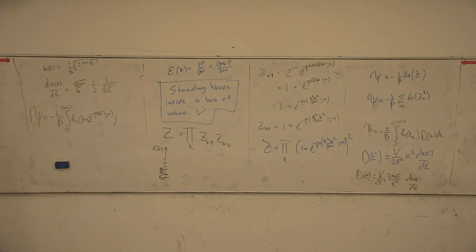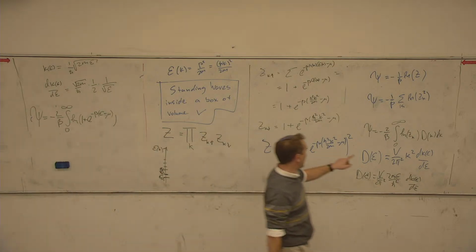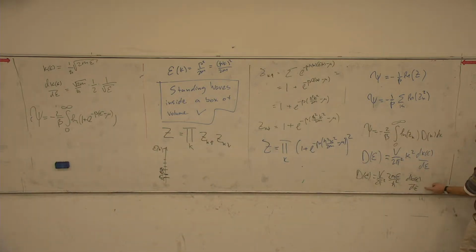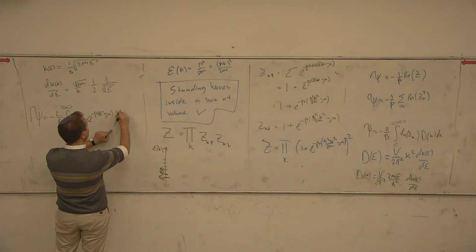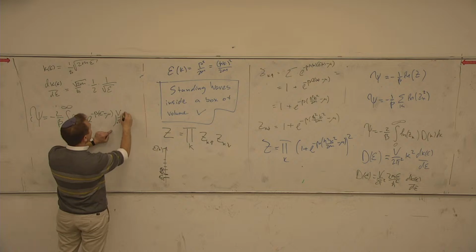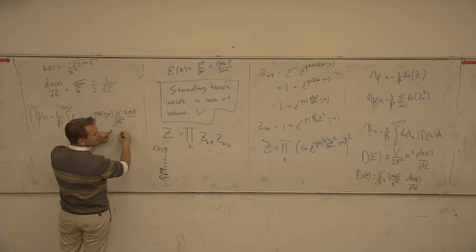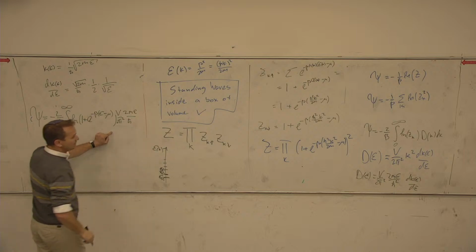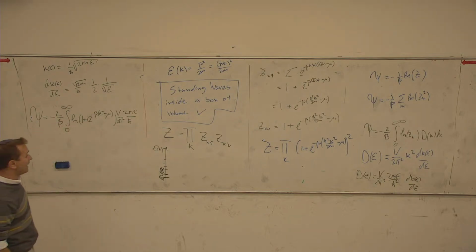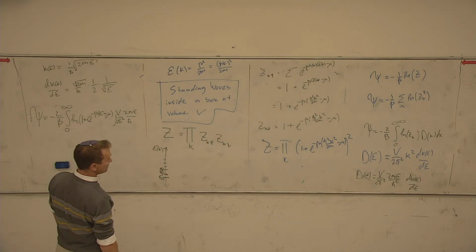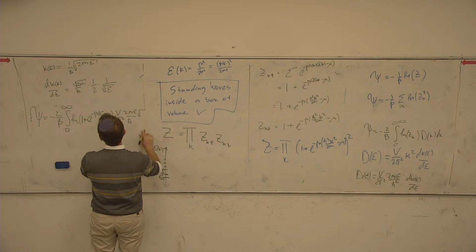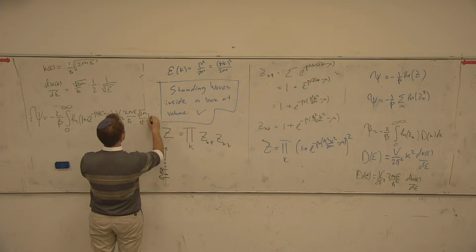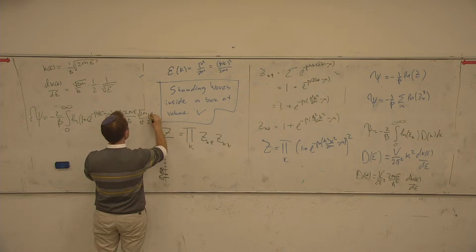I close the parenthesis. What I do have next is d of k, which is d of epsilon, and we write it as V over 2 pi squared, 2m epsilon divided by h bar. And what I have next is this square root of 2m divided by h bar, multiplied by 1/2, 1 over square root of epsilon, d epsilon.